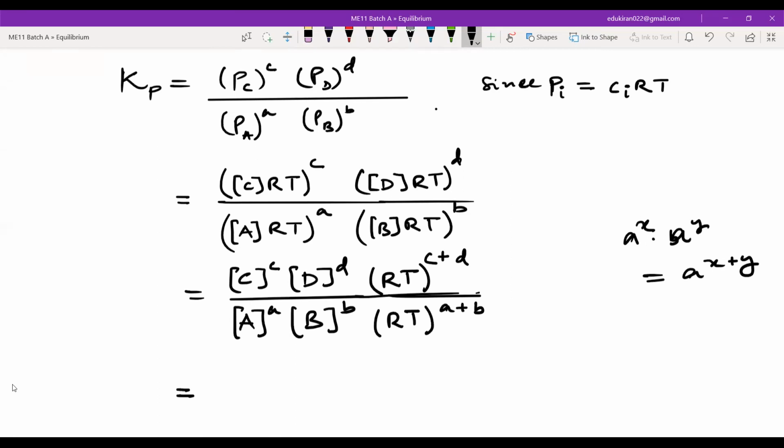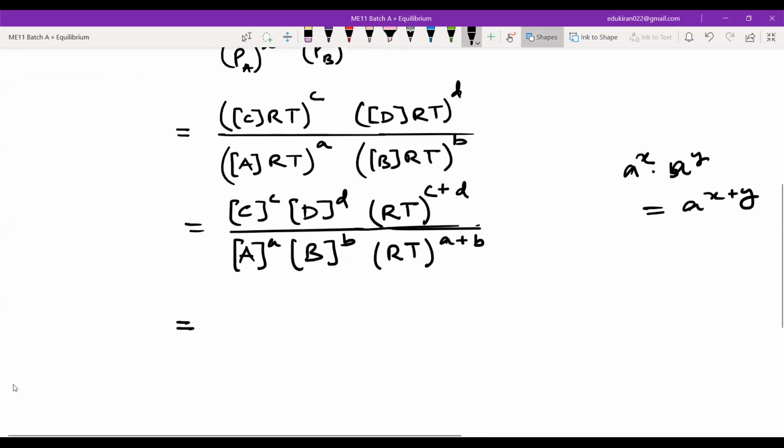Now I can expand this, and we write C to the power c, D to the power d, A to the power a, and B to the power b. So what is this? This is nothing but Kc.